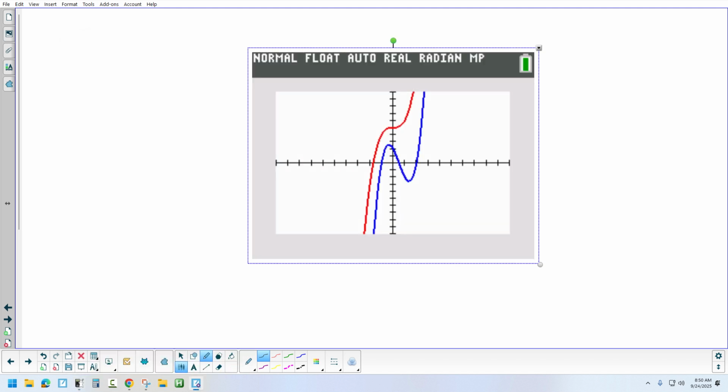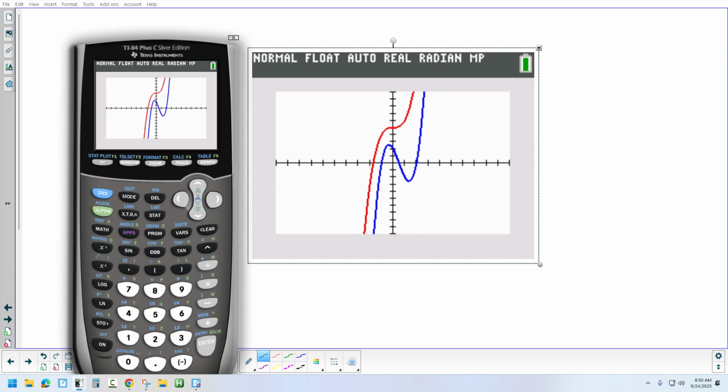It's going up, and it flattens out a little bit like it wants to turn, but it never does. So just because something has an exponent of 3 doesn't guarantee it's going to turn 2 times, but it could turn up to 2 times. Let me get rid of that red one. We don't need that. Any question on that idea about turning?